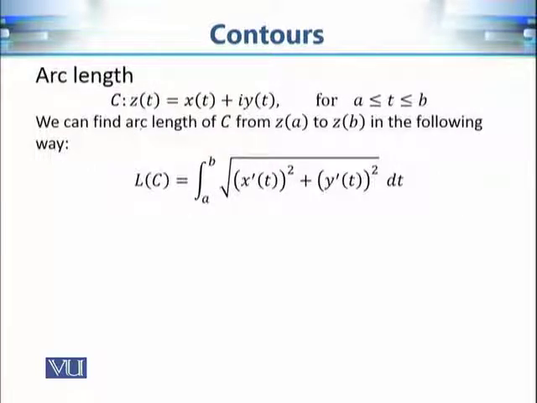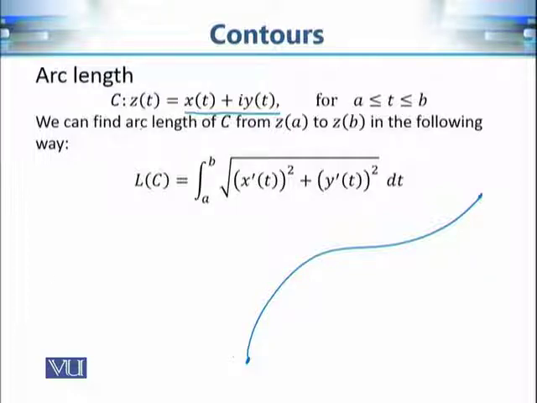Now there is a simple calculation that we have seen in calculus of multivariable functions as well. If you are given a curve defined as x of t plus iota y of t, where the parameter t varies from a to b, can we find the arc length of this curve?